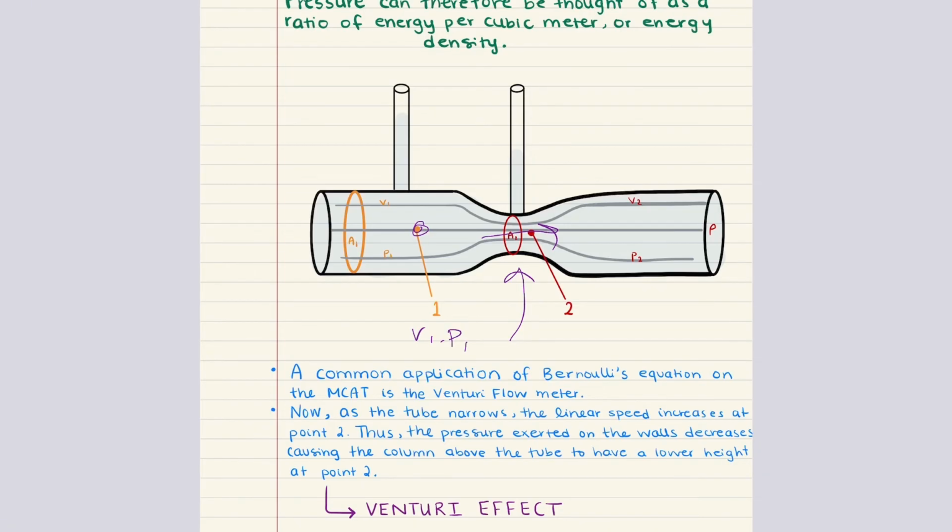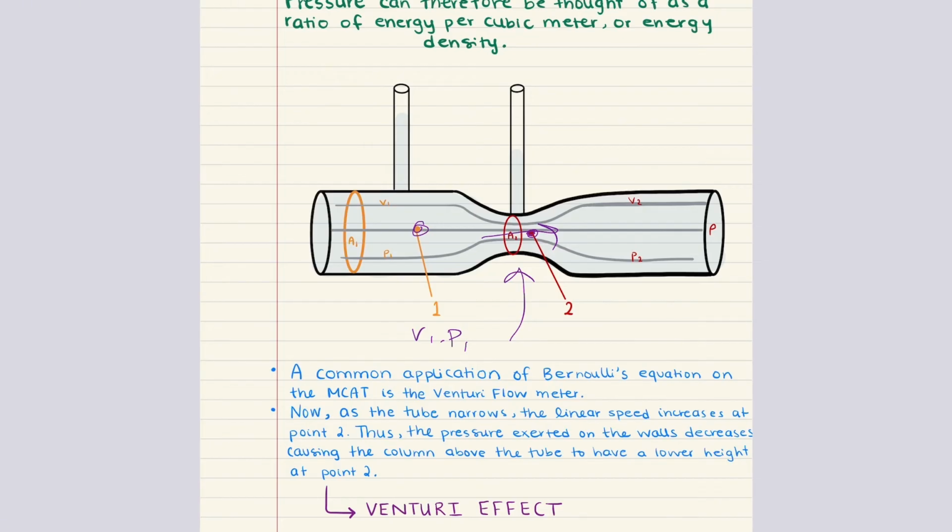Then as the fluid reaches this narrower part at point 2, the cross-sectional area here is going to decrease, and according to the continuity equation, the fluid must speed up to maintain the same flow rate.